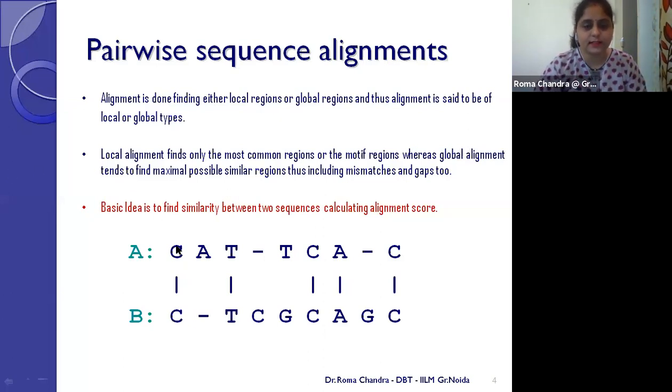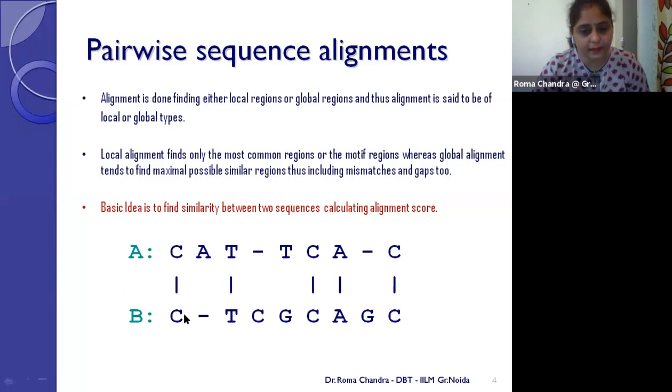So this is C and C, a match. A and dash is a gap. T and T is a match. This is a gap. This is a mismatch. This is a match, match, gap and match. Okay. So matches are representing that there is similarity.